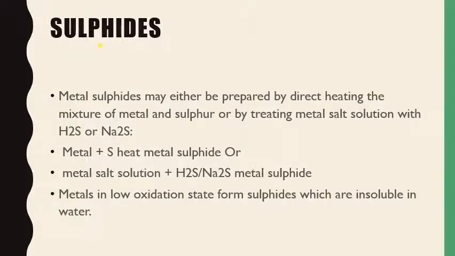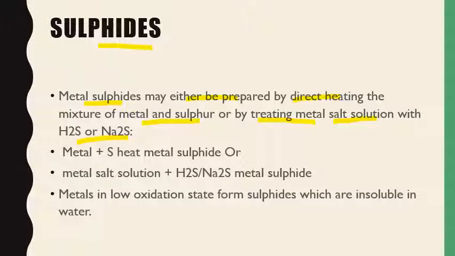The third binary compound is the sulfides. The metal sulfides may either be prepared by directly heating the mixture of the metal and the sulfur, or by treating the metal salt solution with hydrogen sulfide or sodium sulfide. So it can be prepared by these two methods.